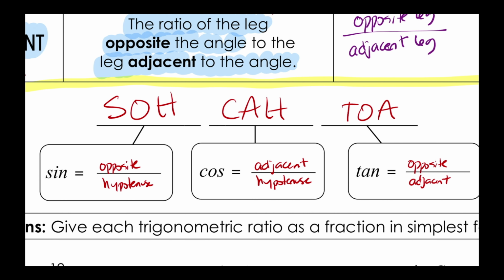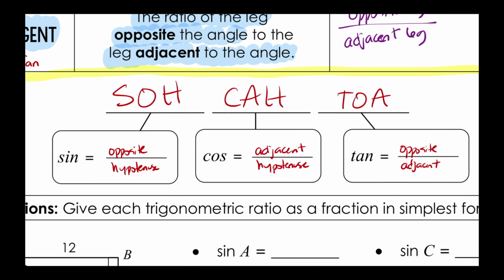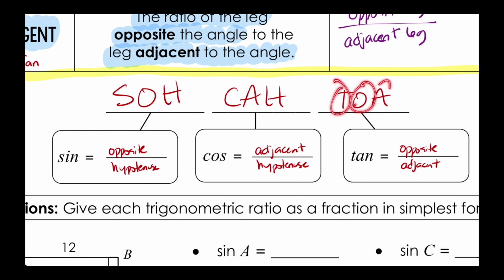So SOH-CAH-TOA is a way to remember. Like if you're thinking, wait, what was sine? Wait, what was cosine? Wait, what tangent was? You can just think, SOH-CAH-TOA. S-O-H, opposite over hypotenuse. C-A-H, adjacent over hypotenuse. T-O-A, tangent is opposite over adjacent. This is a fake word for you to remember the 3 trig ratios.